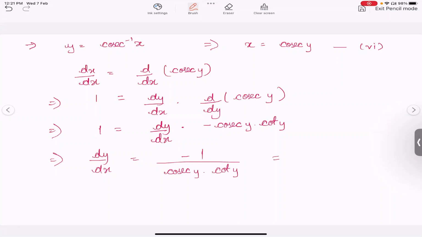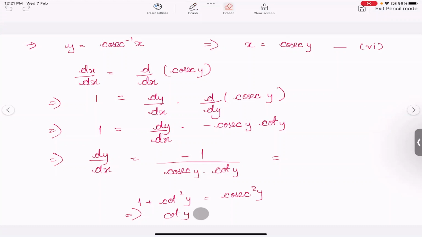Now we again will have to use the identity that we were using earlier, that 1 plus cot square y will be equal to cosec square y. Because we have x equal to cosec y, we have to substitute cot y in terms of cosec, so that we will have everything in terms of x.